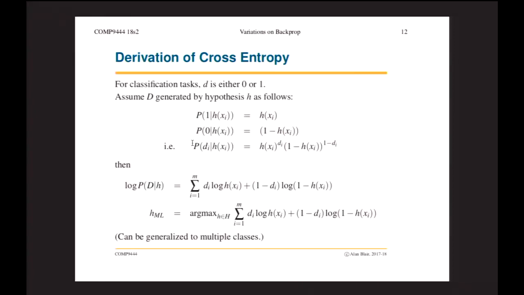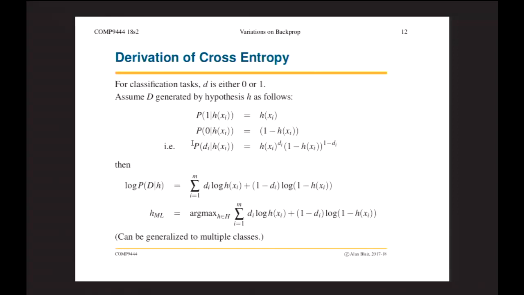If H of xi was 0, we would interpret that as the probability of 1 being 0. Now, what if H of xi is 1/2, that's in the middle? Well, if we wanted to interpret it as a probability, that means a 50% chance that the answer is 1 and a 50% chance that the answer is 0. Because the true answer in this case must be either 1 or 0. It can't be anything in between.